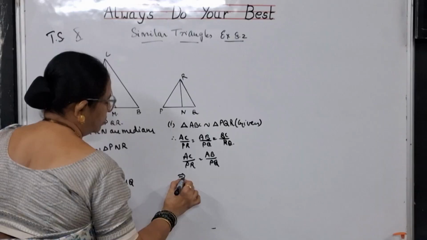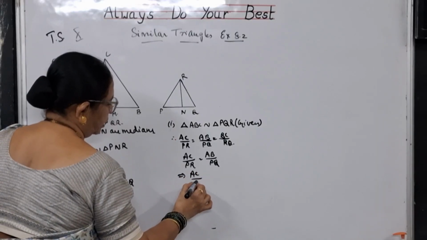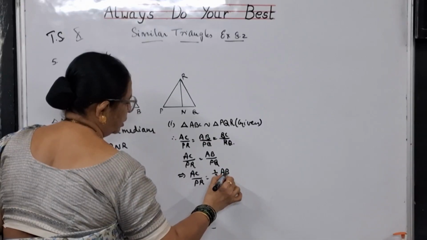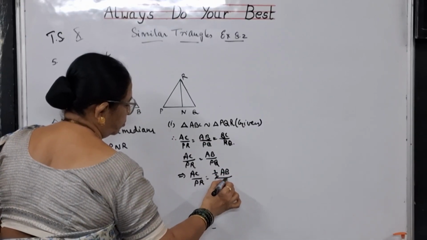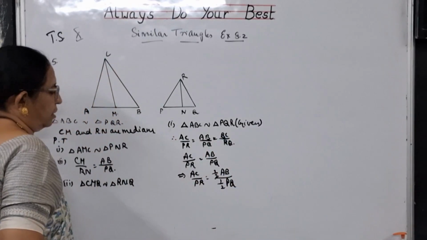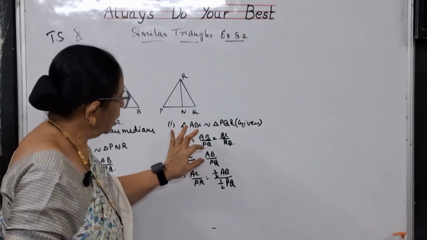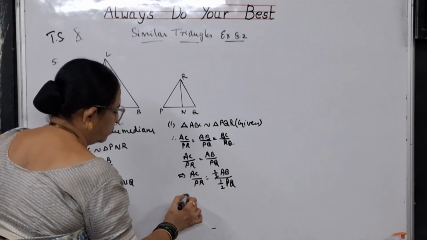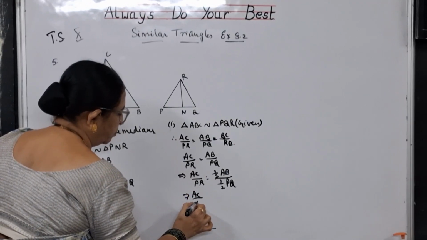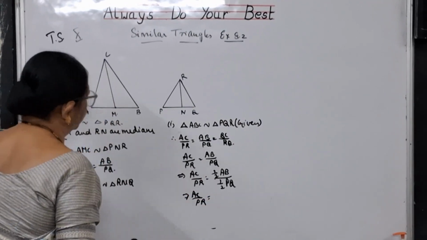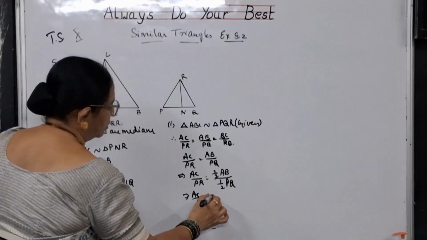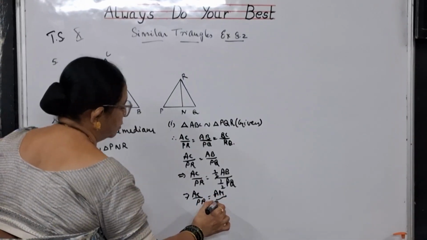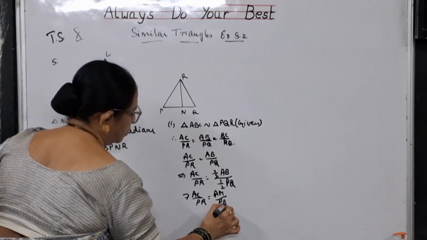This implies AC by PR is equal to half of AB by half of PQ. I can write it like this because when this ratio is same, half of them also will be equal. What does this imply, children? AC by PR is equal to half of AB, which is AM, by half of PQ, which is PN.